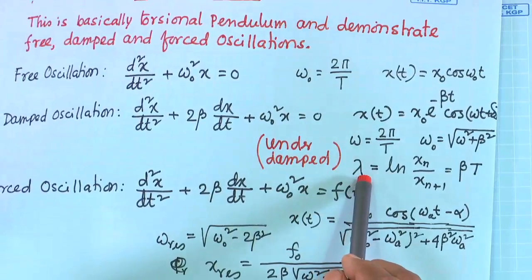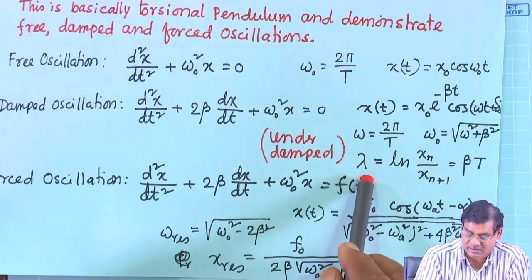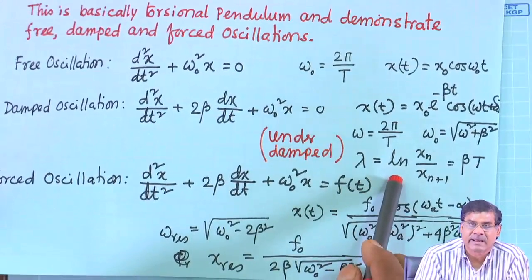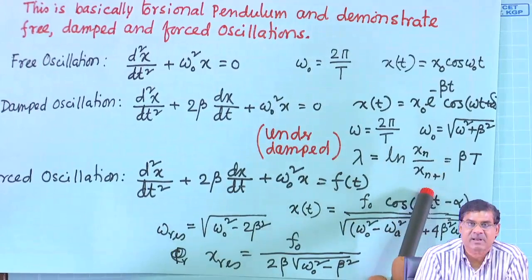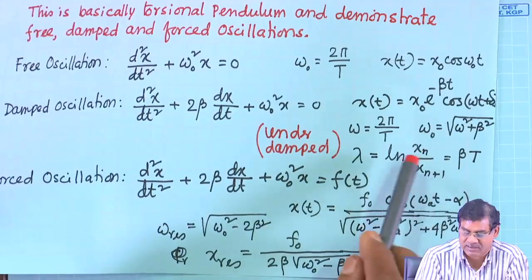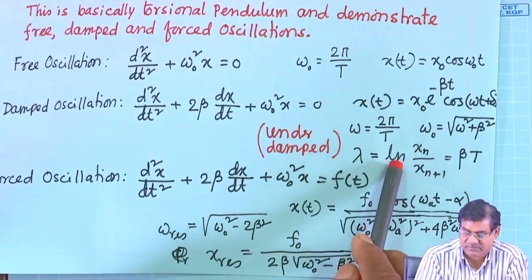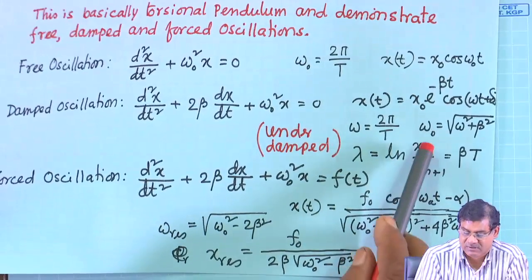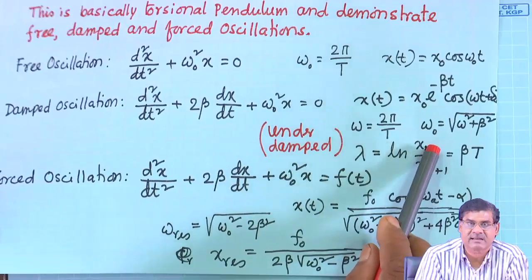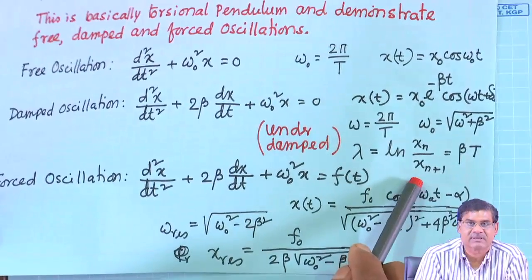And this damping we express in terms of the logarithmic decrement, lambda. It is defined as lambda equal to ln of x n by x n plus 1, the natural log of the ratio of successive displacements, the nth displacement and the n plus 1th displacement.